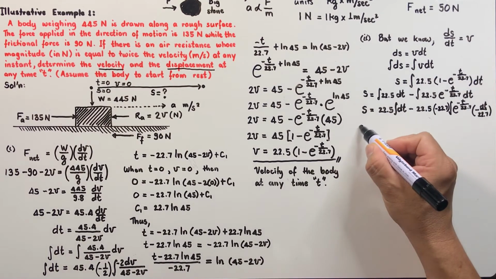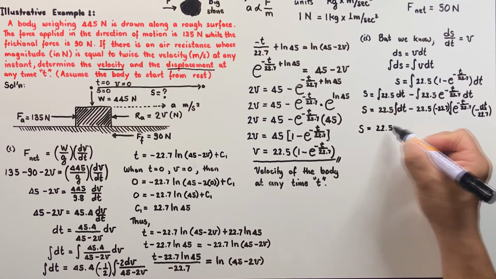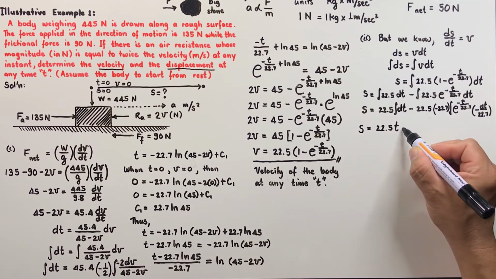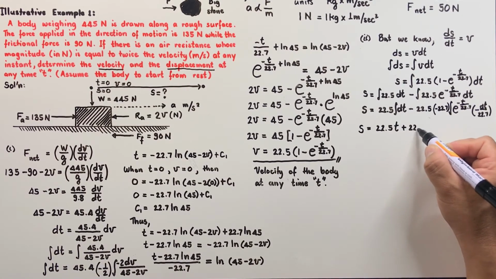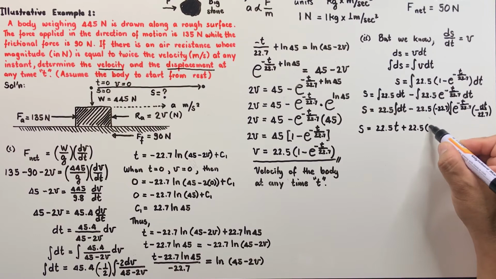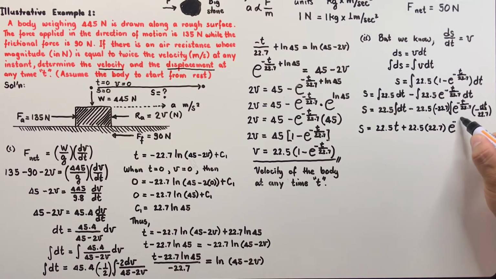So this is equal to 22.5 t minus of the minus, which is positive 22.5 times 22.7 times e to the power of negative t over 22.7 plus the constant of integration c sub 2.